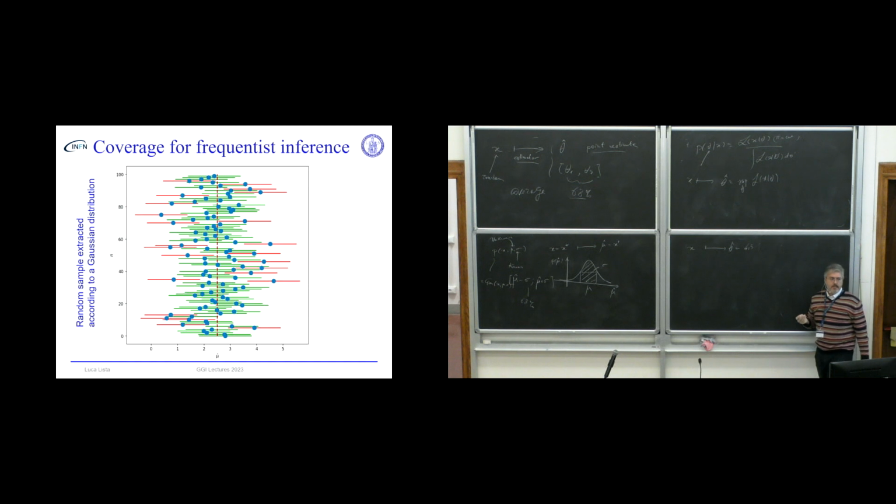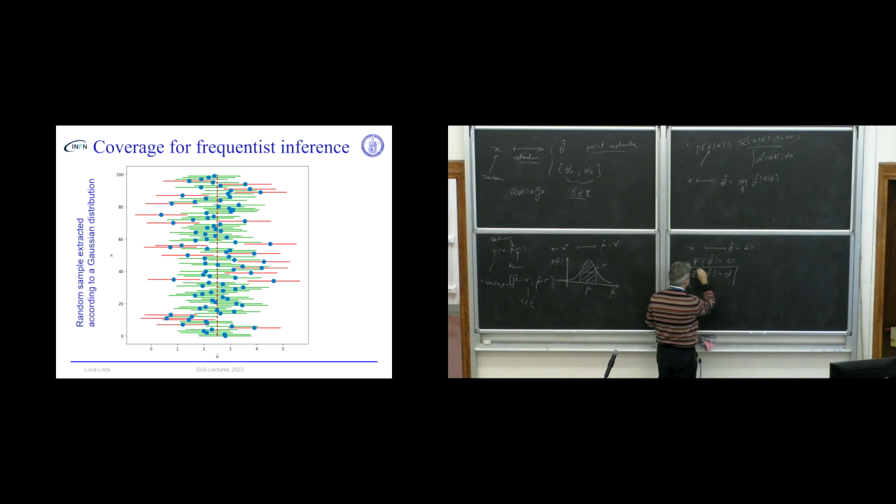No, because if I randomly extract the value of x, this estimate never changes. So I can say that the expected value of theta hat is always 4.5, but I would actually like the expected value of theta hat to be equal to the true value.